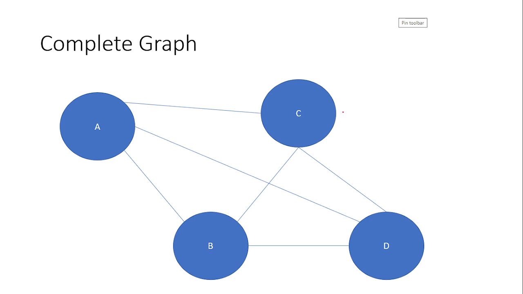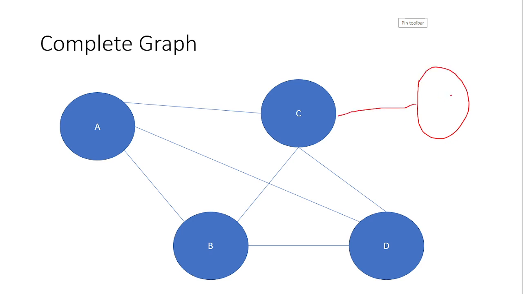Everyone is connected with each other. Such a kind of graph is known as a complete graph. So all the nodes are connected with a single edge.